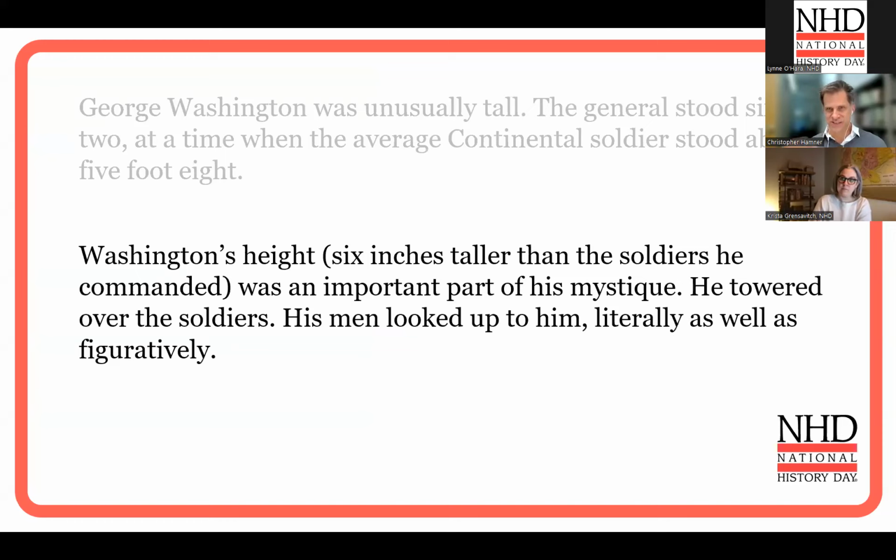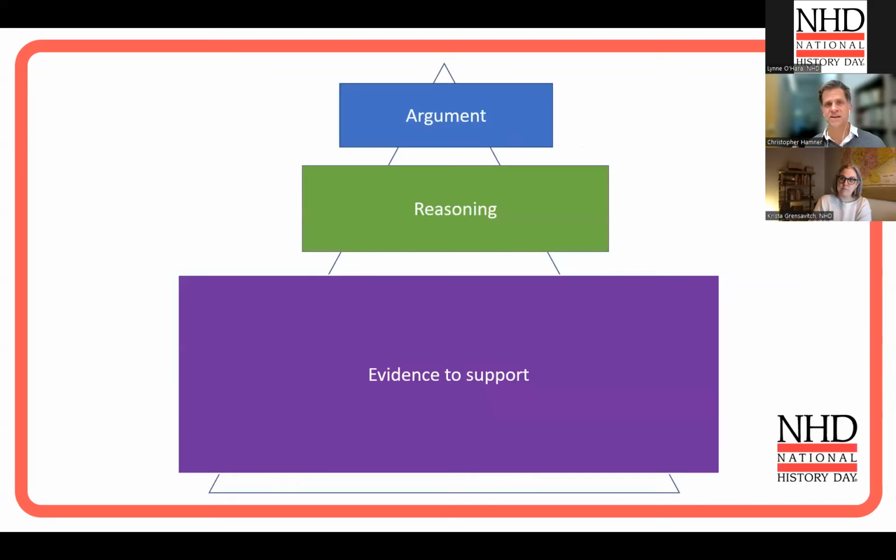This version takes that factual information and says something a little more analytic about it, and therefore something a little more interesting. It takes Washington's height and it attributes particular qualities to it. Then we had Lynn's fantastic description of argument, reasoning, and evidence triangles.